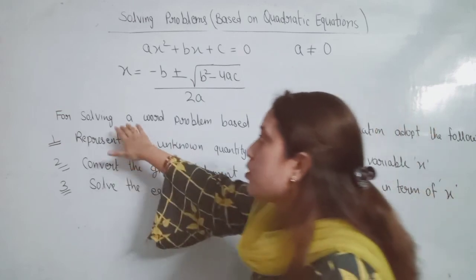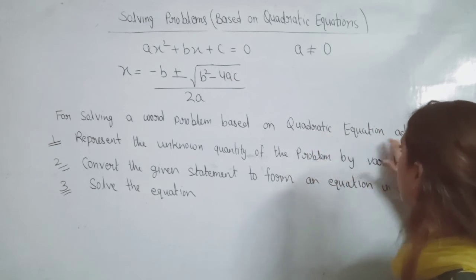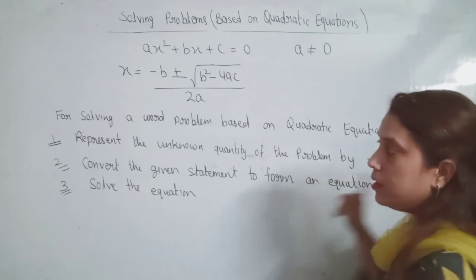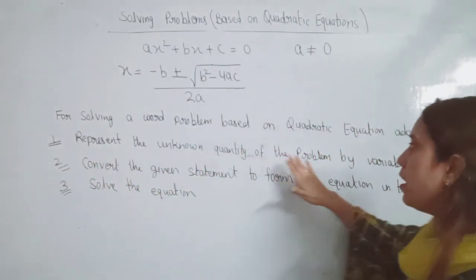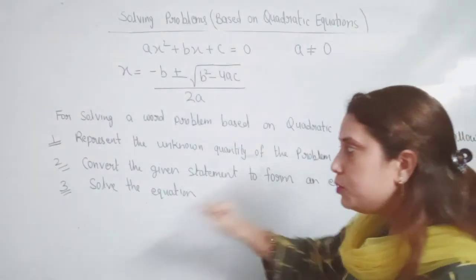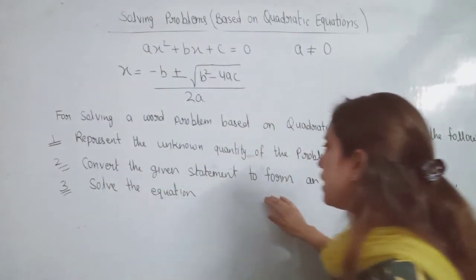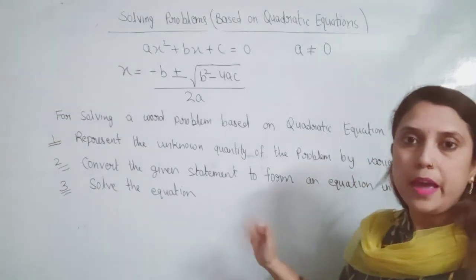Now, for solving word problems based on quadratic equations, adopt the following steps. Step 1: represent the unknown quantity of the problem by variable x. Step 2: convert the given statement to form an equation in terms of x.